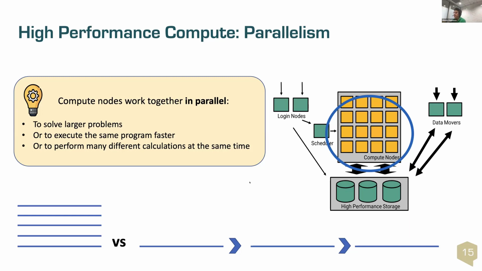Just to mention here, it is not straightforward for a code to run in parallel. It's not that you create a code and then you just put it in the supercomputer, and the supercomputer will know how to run it in parallel. There should be an instruction in the code on how to run things in parallel.